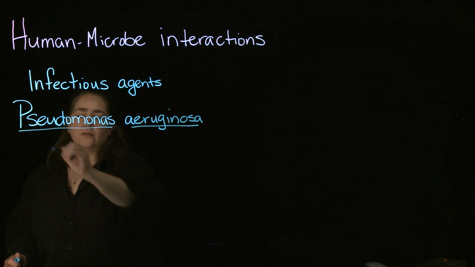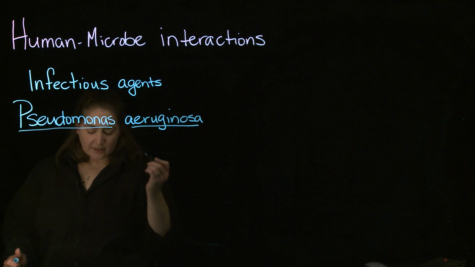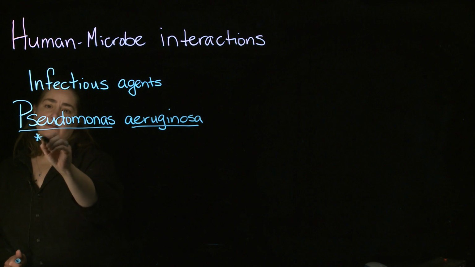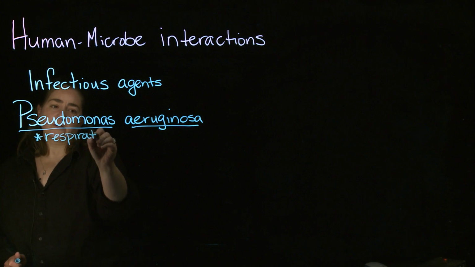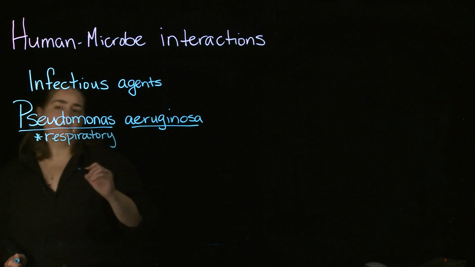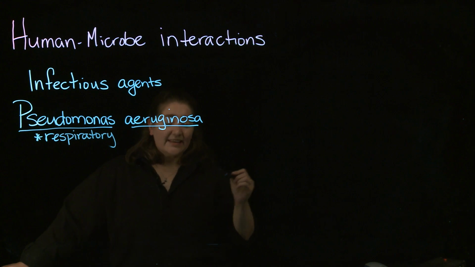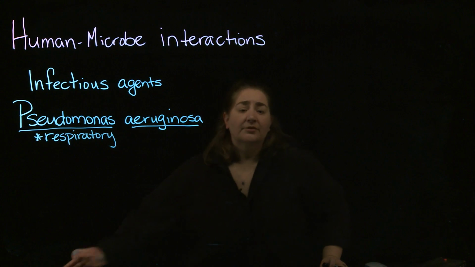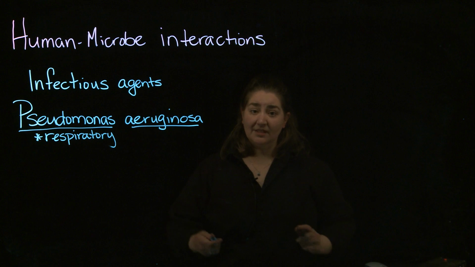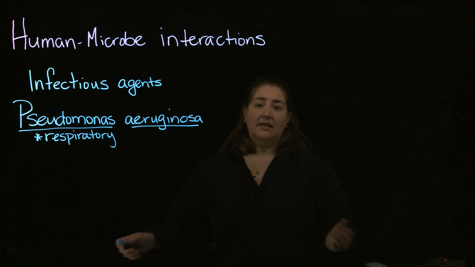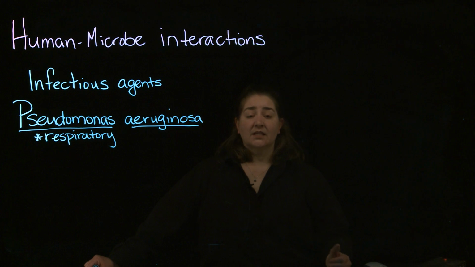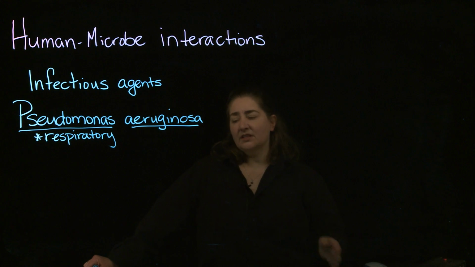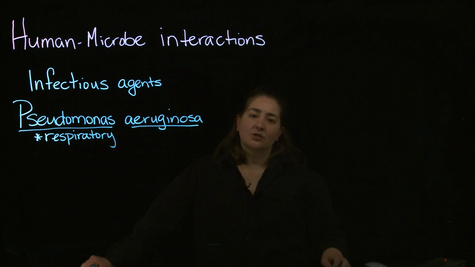Pseudomonas aeruginosa is very commonly associated with respiratory infections. If you go to the doctor and the doctor asks you what color your snot is, and you tell them it looks kind of green or a little green fluorescent, that is a potential indication of Pseudomonas aeruginosa.